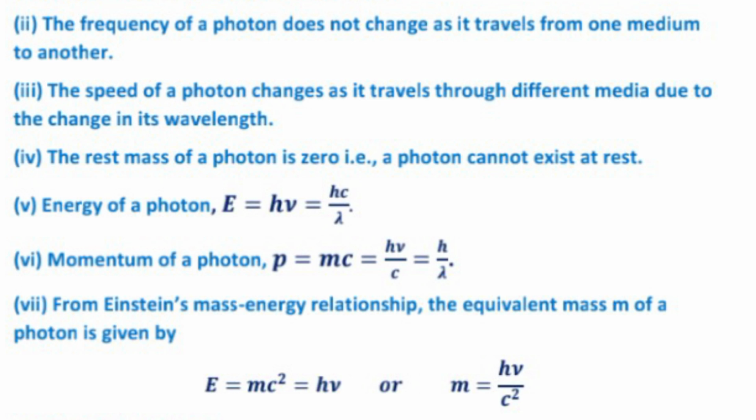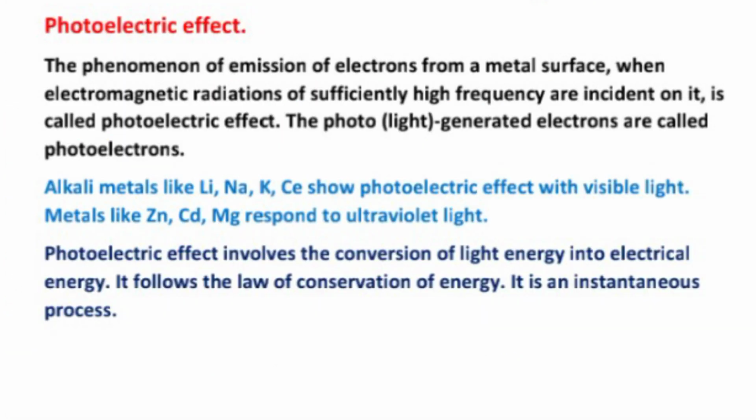Now I will tell you about the photoelectric effect. What is the photoelectric effect? The phenomenon of emission of electrons from a metal surface when electromagnetic radiations of sufficiently high frequency are incident on it is called the photoelectric effect. Photo means light, and the generated electrons are called photoelectrons.